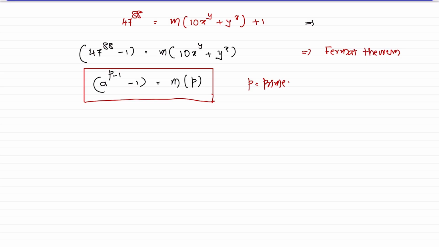Similarly, if you try to write like this, 47 to the power of 88, we can write it as 89 minus 1. 47 to the power of 88 is equal to 47 to the power of 89 minus 1 is equal to m into, here p minus 1 is equal to 88, implies p is equal to 89.